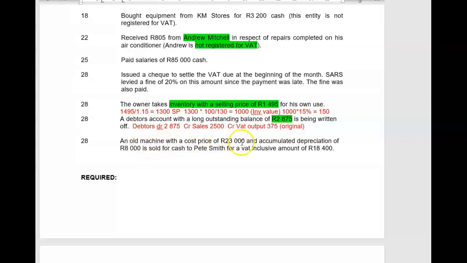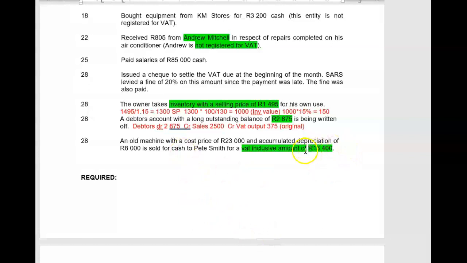An old machine with a cost price of 23,000 and accumulated depreciation of 8,000 Rand is sold for cash to Pete Smith for a VAT inclusive amount of 18,400. Now, remember when I bought this asset initially, this machine, the receiver of revenue allowed me to claim VAT on the purchase price.